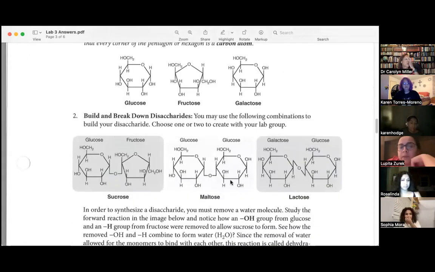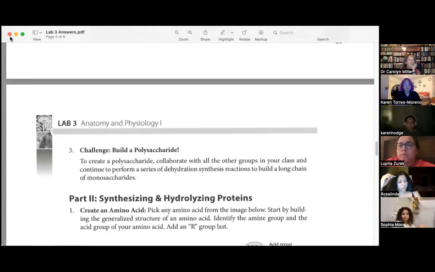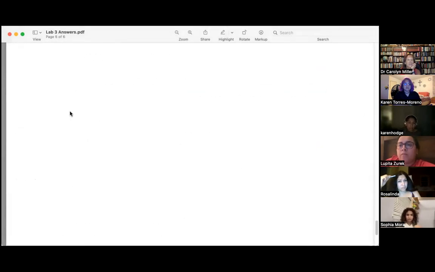And it could be with the carbs, proteins: water released in synthesis, water consumed in hydrolysis. That's lab 3 and there were no questions. Amino acids, lipids, anything, that's how we make or break down.